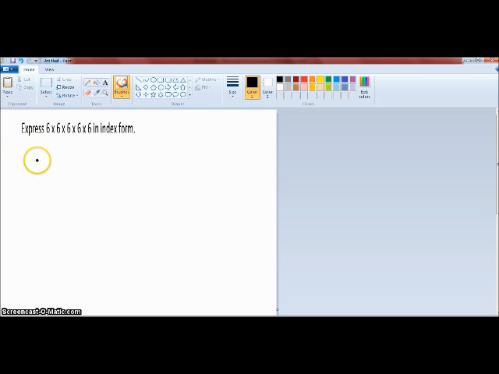So to express in index form means writing a mathematical expression which is in longer form like this in a shorter way. So for example, all I need to do is to write a 6 and then I count how many times the 6 occurs, and that is 1, 2, 3, 4, 5.